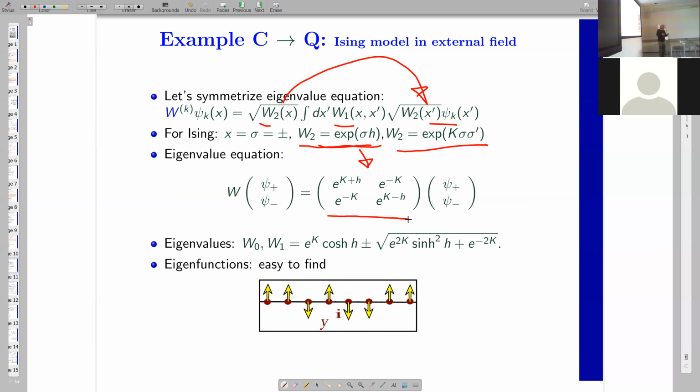Here it is. We have got to the level of Ising. We have solved the one-dimensional Ising model with this particular method, the quantum mechanical-like method of transfer matrices.